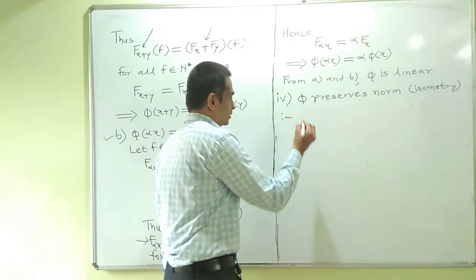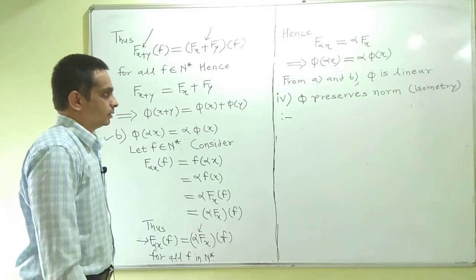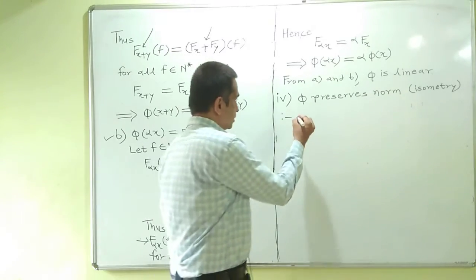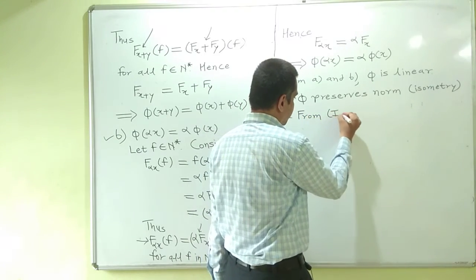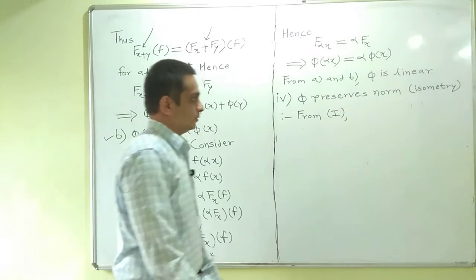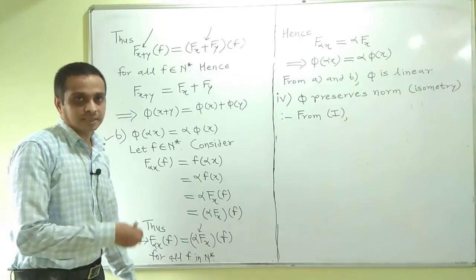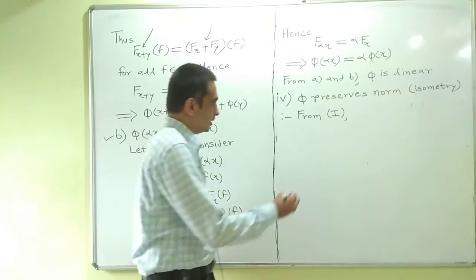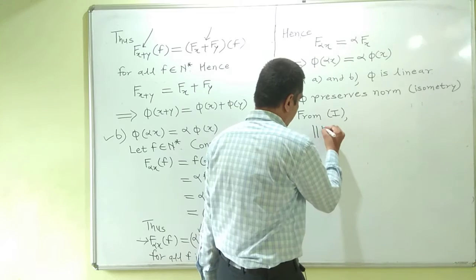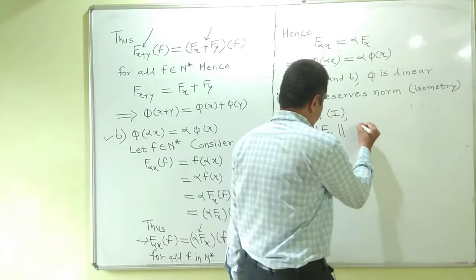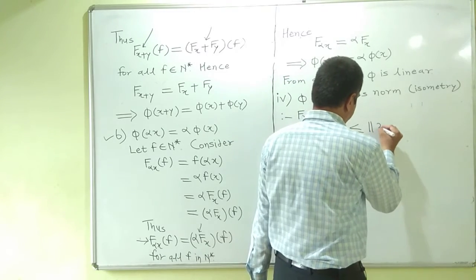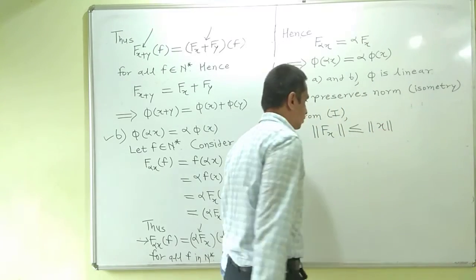So to prove this, recall the first statement with reference to the previous lecture. In the first statement we had written that norm of fx is less than or equal to norm of x. So this was our first statement.